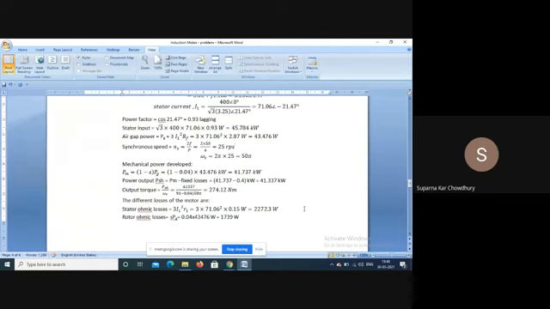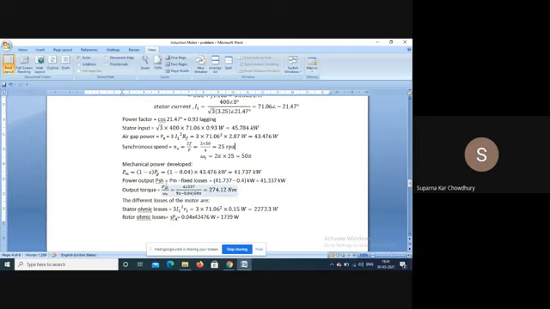So we get the mechanical power developed as 41.737 kilowatt. The shaft power output will be the mechanical power developed minus the fixed losses, which is 400 watts, so 0.4 kilowatt. So this is 41.337 kilowatt.